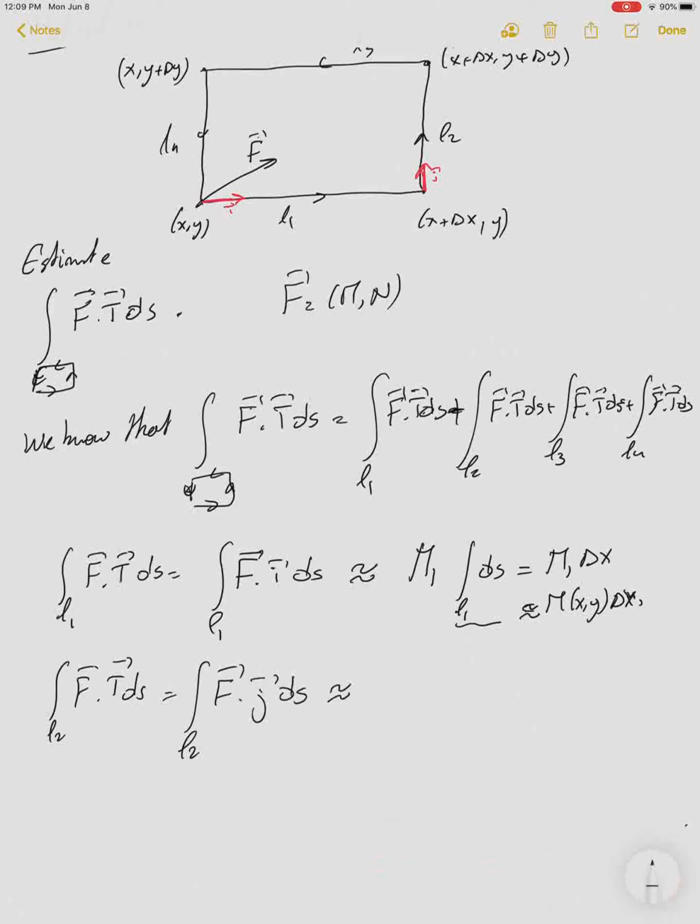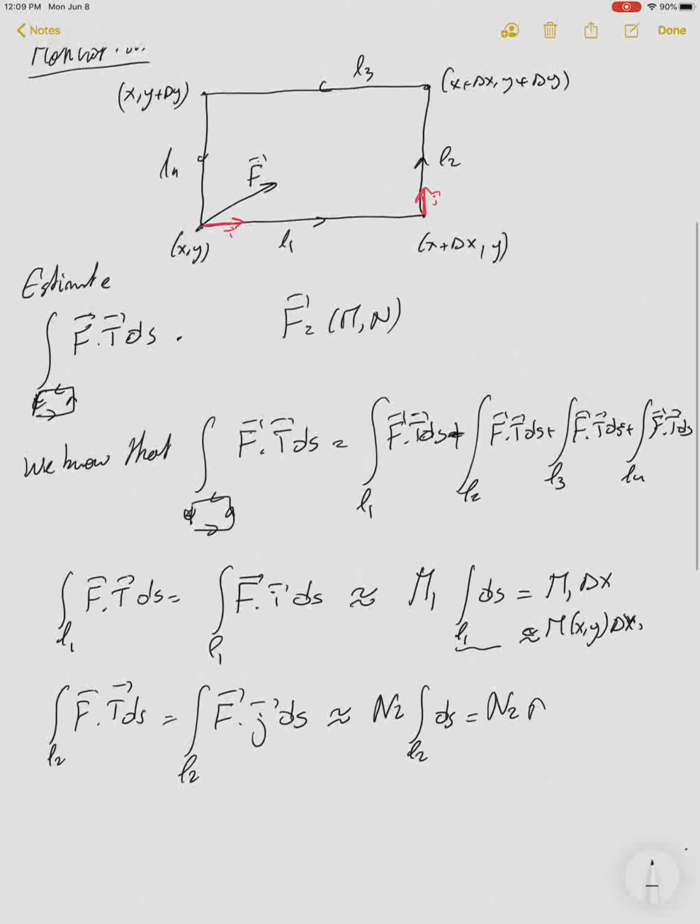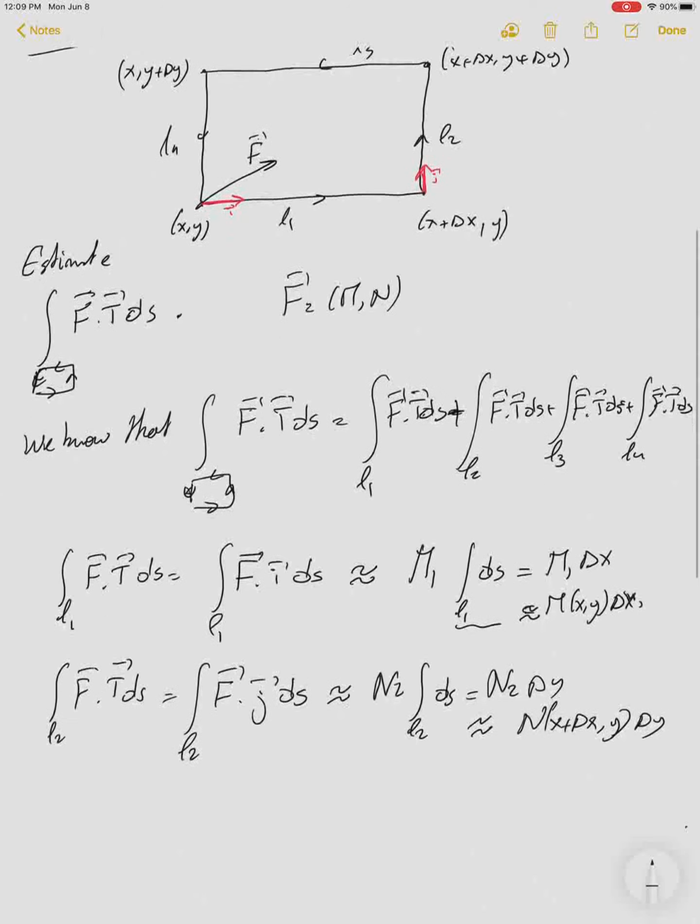Say F is constant, so this will be N2, because F is M, N and M, N dot j is just N, times the integral over L2 of ds, which is the length of L2, delta y. So this is approximately N of x plus delta x, y, times delta y.